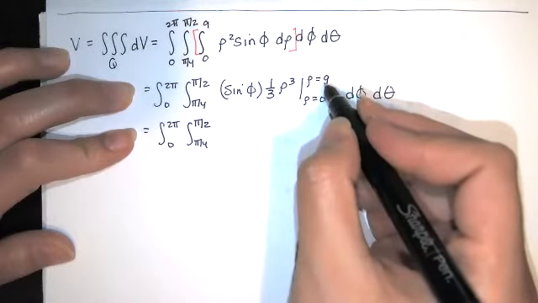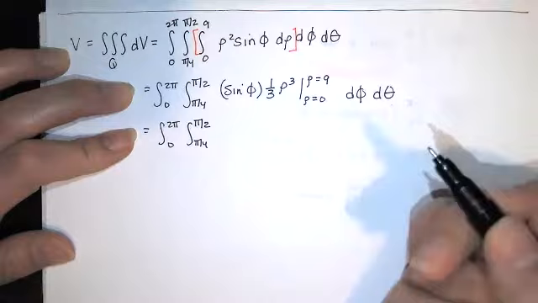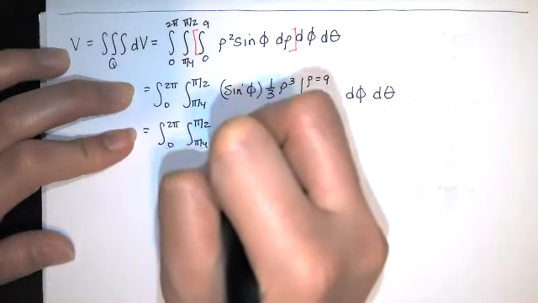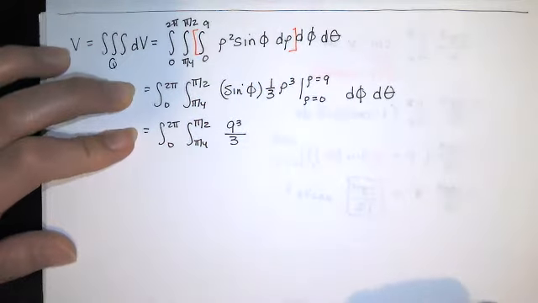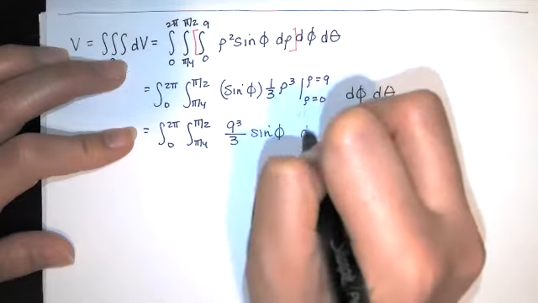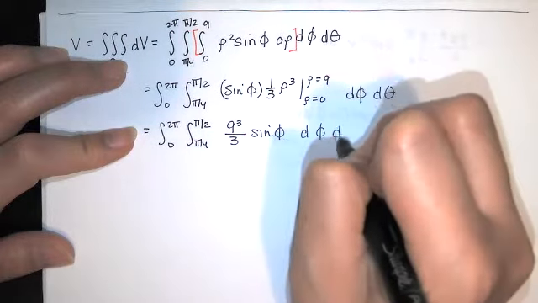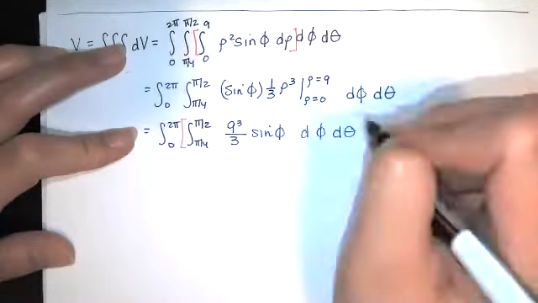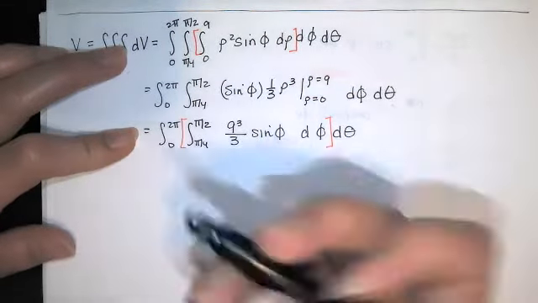So I'm going to have 9 cubed over 3 minus 0 cubed over 3, which is just 0, times sine of phi, d phi, d theta.